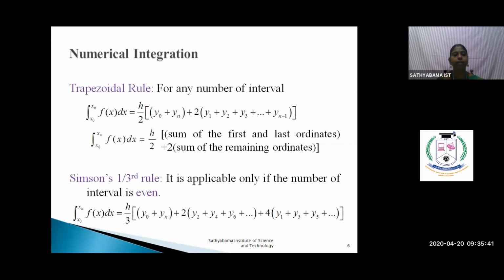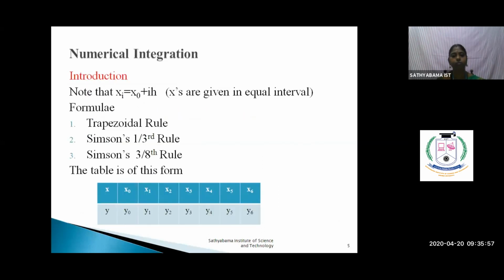Integral x naught to xn f of x dx is equal to h by 2 times y naught plus yn plus 2 times y1, y2, y3, etc., yn minus 1. So what are y0 and yn? They are the first entry and the last entry of your y values. For example, here the first entry is y0 and the last entry is what?